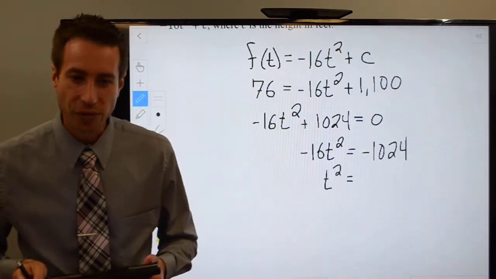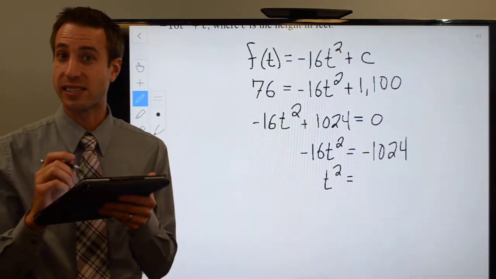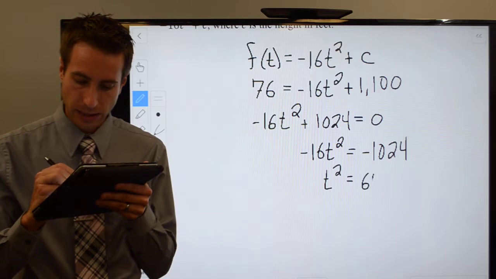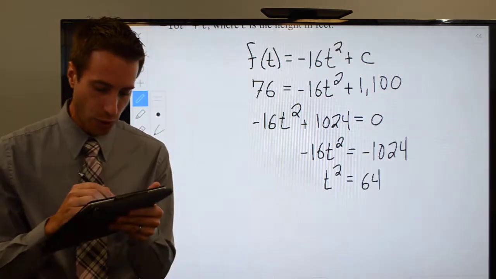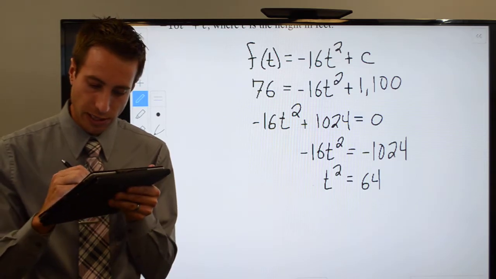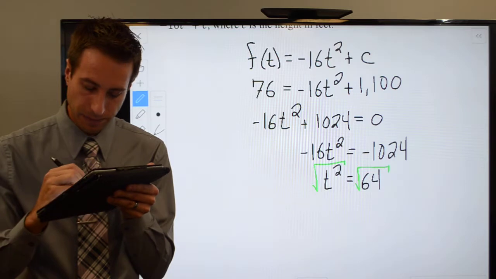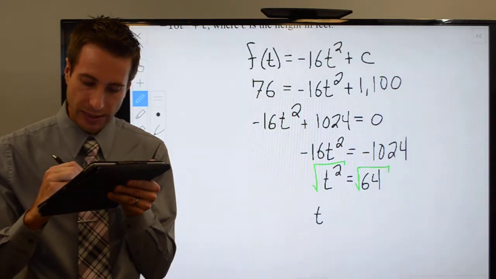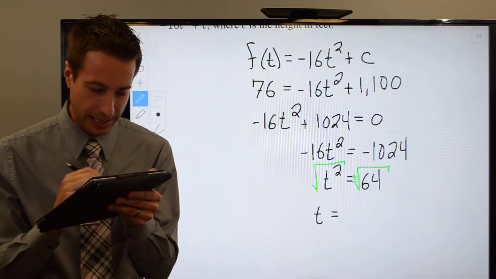Well, a negative 1,024 divided by a negative 16 turns out to be 64. Now, to get that t by itself, you guys should remember from Algebra 1, you just simply take the square root of both sides. And we wind up with t is equal to, remember when you take a square root, you've got to do plus or minus.